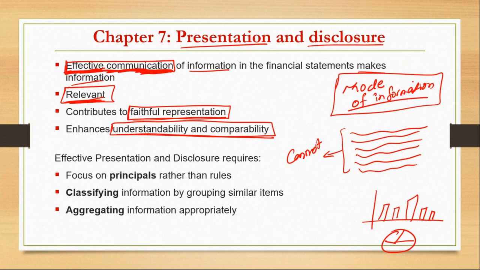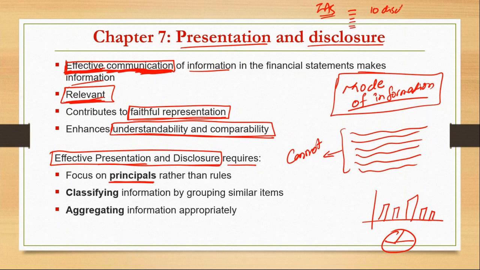Let's discuss further first. Now the question says that effective presentation and disclosure requires to ensure that we are providing effective disclosures, we should be focusing more on the principles rather than the rules. What does this mean, focusing on principles rather than the rules? This means that let's say there's an IES which says that you have to write these 10 disclosures in the financial statements.